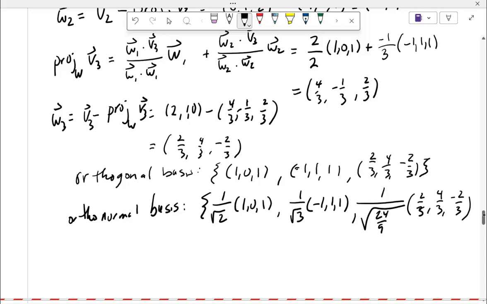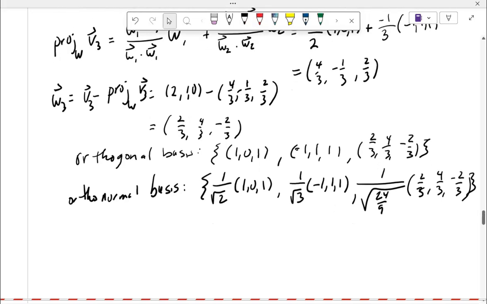Sorry, I did not do my arithmetic right the first time. And again, what are we doing there? We're just doing 1 over the magnitude, creating unit vectors. That last step is easy, it's literally just make a unit vector out of each one. The hard part is getting the orthogonal basis.